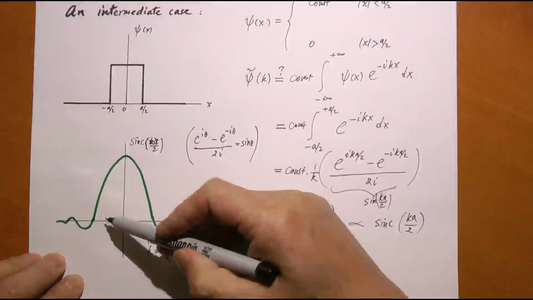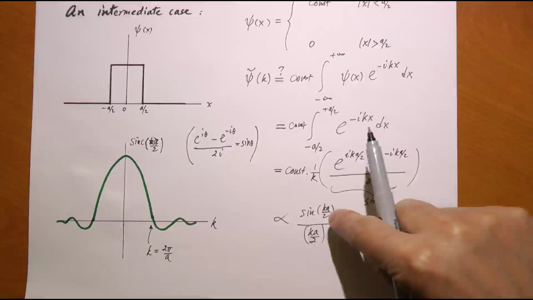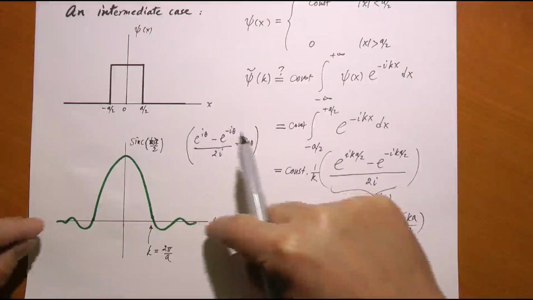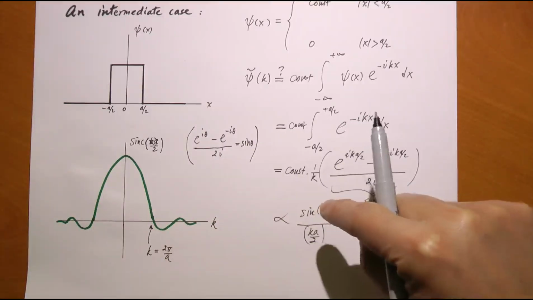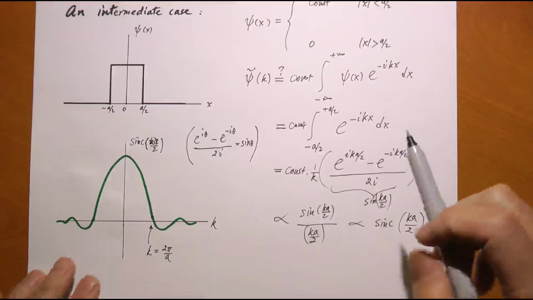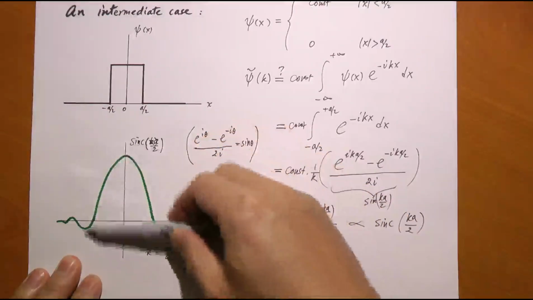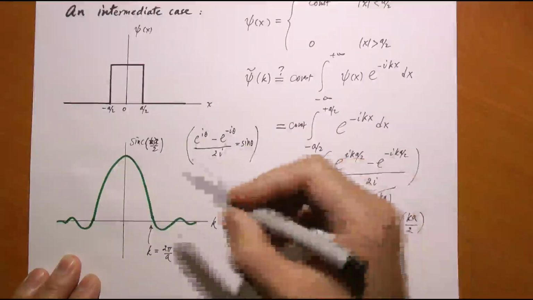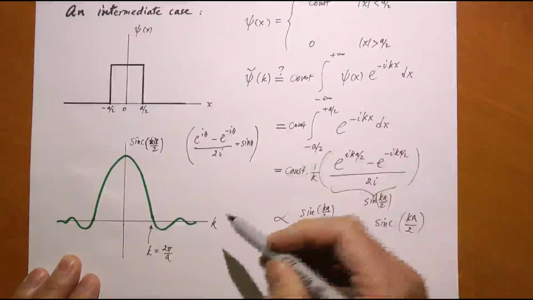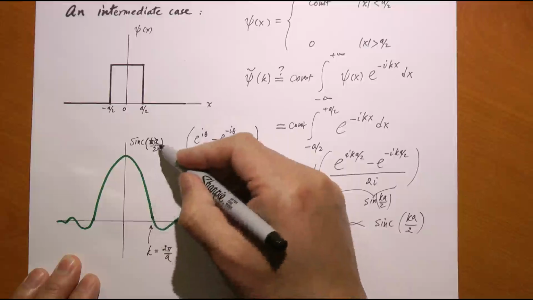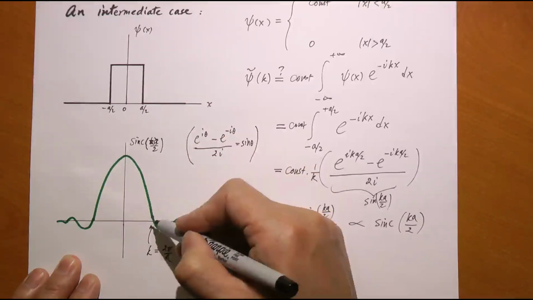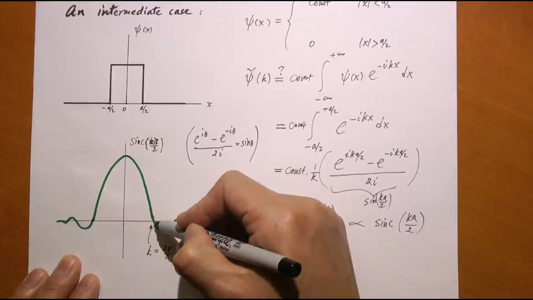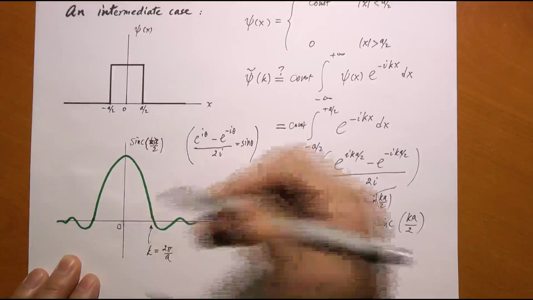Now, this function does extend to infinity in theory, but the amplitude diminishes. Therefore, primarily speaking, the function is concentrated around the first peak, right? And the first peak has an edge. This is the edge of the first peak, where the argument of the sinc function goes to pi, so sine pi, that's the first 0 away from the center.